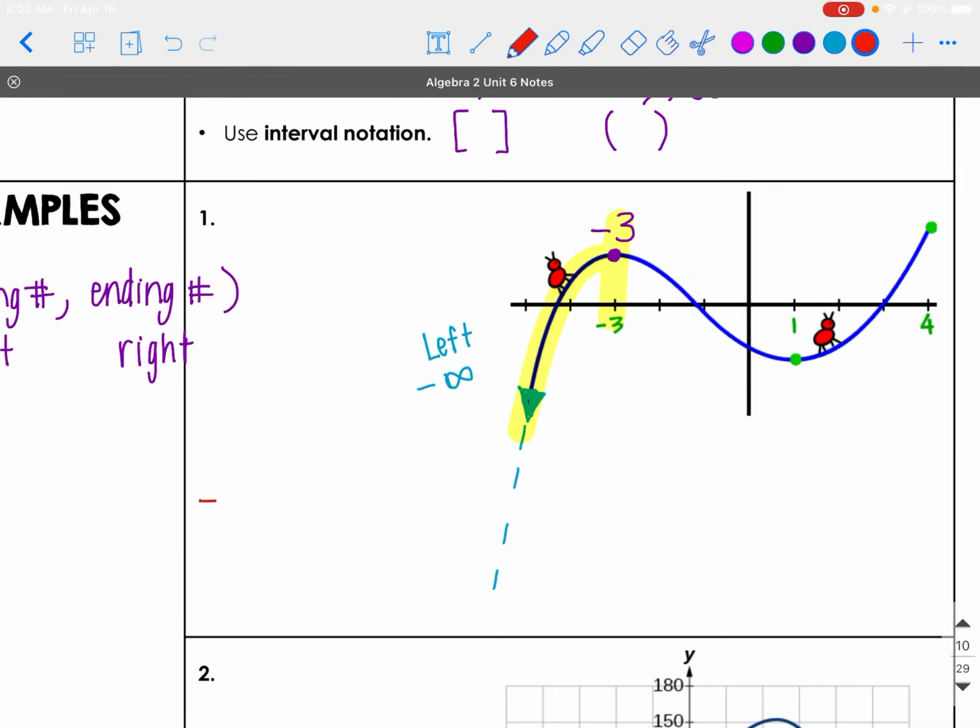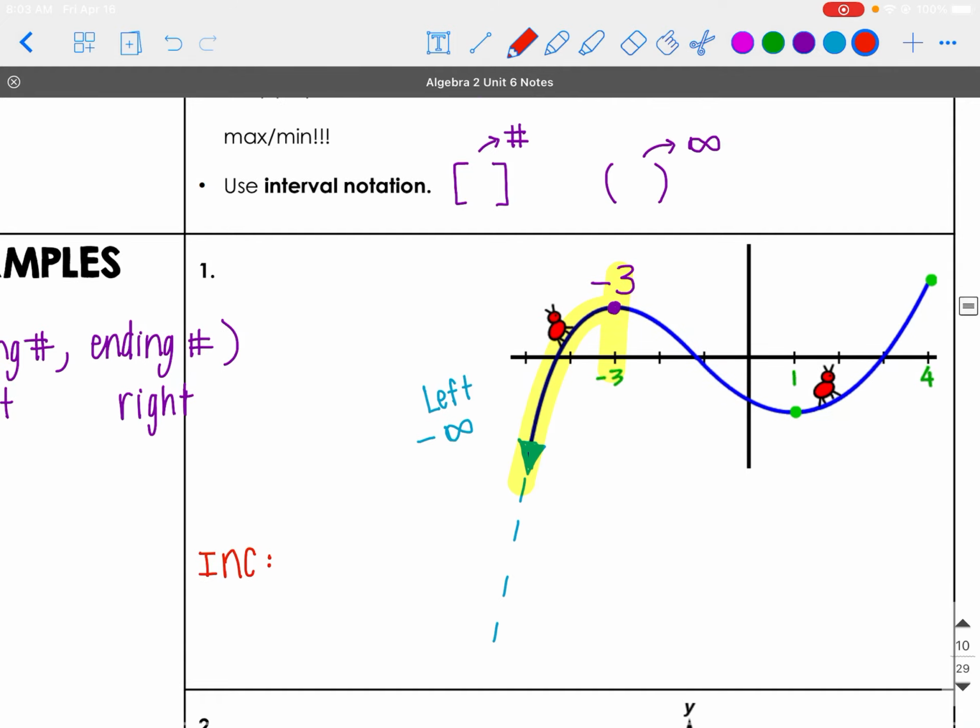So we can say that the ant increases, starting here. That's not a point, that's an arrow. So if it starts increasing at an arrow, if that's on the left side, we use negative infinity.